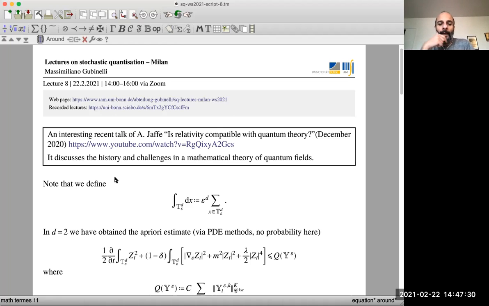So the method we found, the paper on which this lecture is based, somehow contradicts this paper of Jaffe, because you can go around the problem. How? You start from the stationary measure, and this is not a problem, as I showed you. You run the dynamics, you can even find a stationary coupling, and you do all the computation in a situation where you already know that reflection positivity holds, because it is very difficult to get it back at the end.